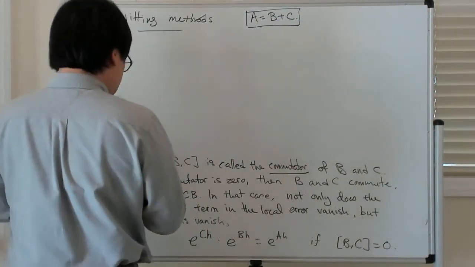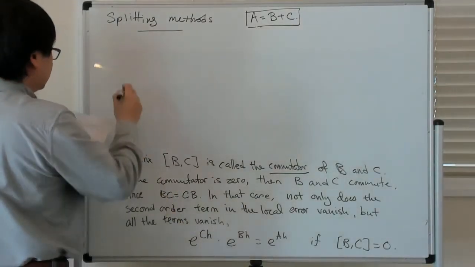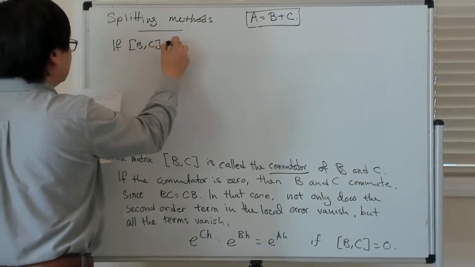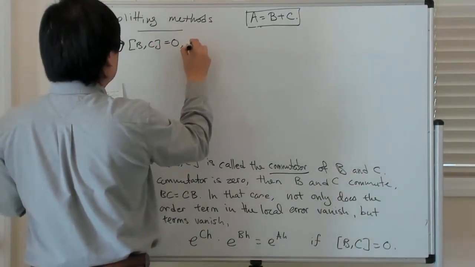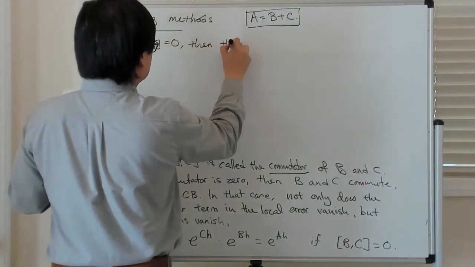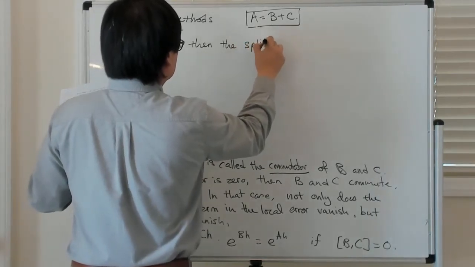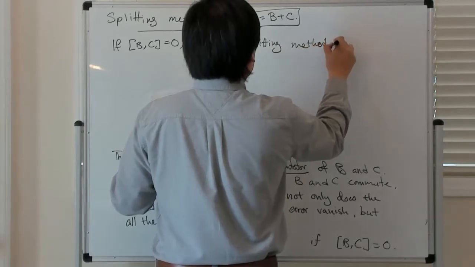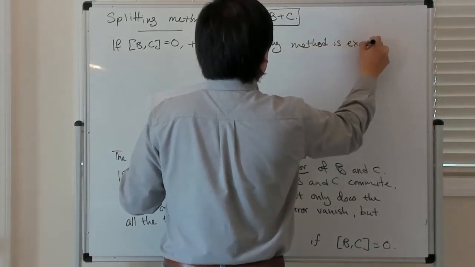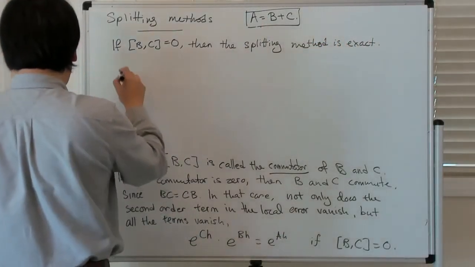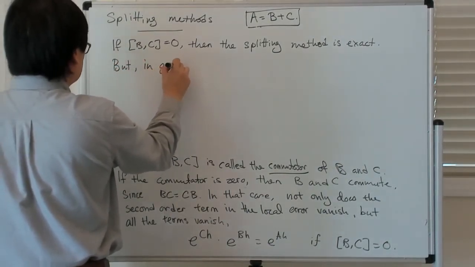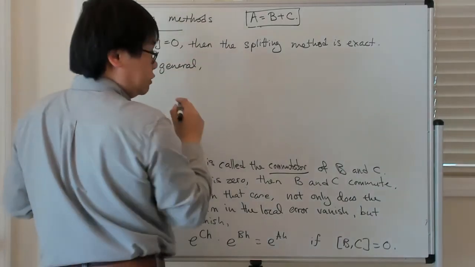So again, if the bracket of B and C is equal to 0, then the splitting method is exact, but in general the splitting method is only first order accurate.